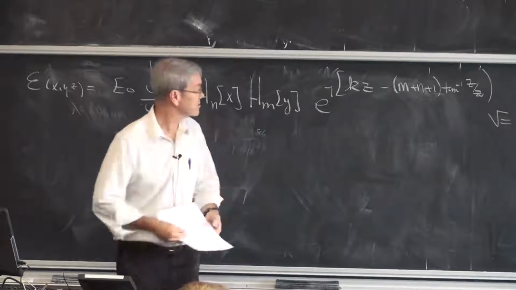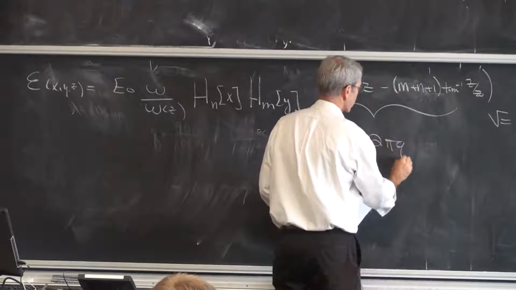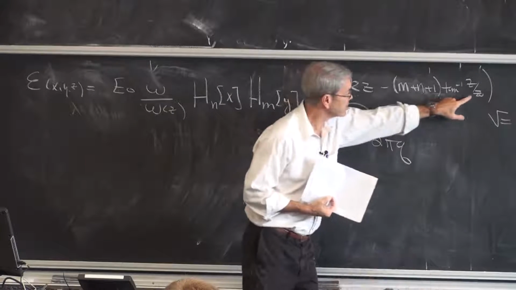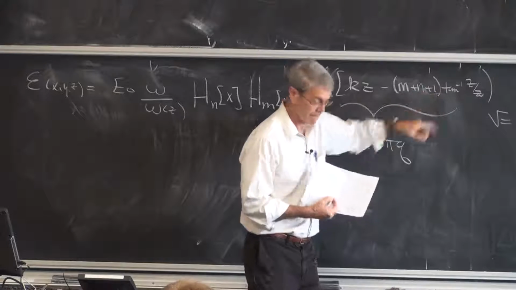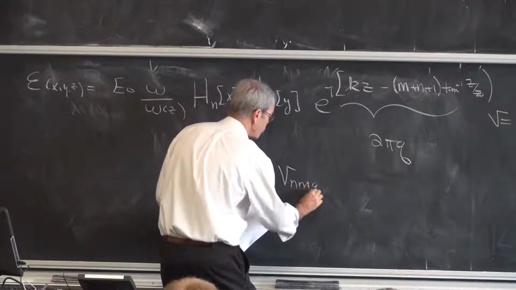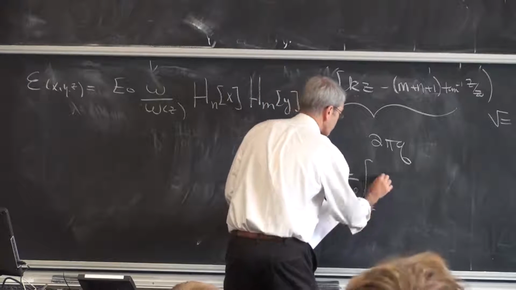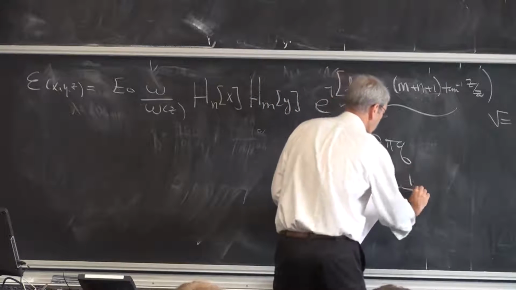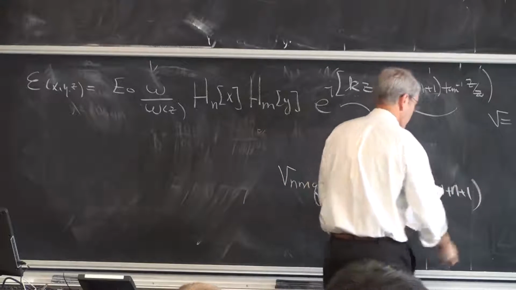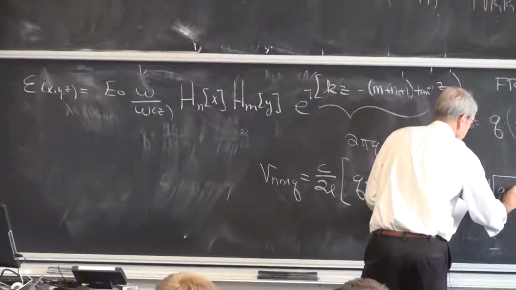What's the frequency of this? When this phase equals 2 pi times some integer, that's the frequency of the mode. You can see the frequency is going to depend a little bit on the Hermite numbers. When you convert that into the frequency of the nmq mode, the formula is c over 2L times q plus 1 over pi times m plus n plus 1, in terms of g, cos inverse of square root of g1 g2.